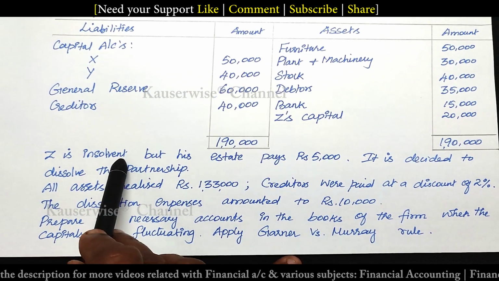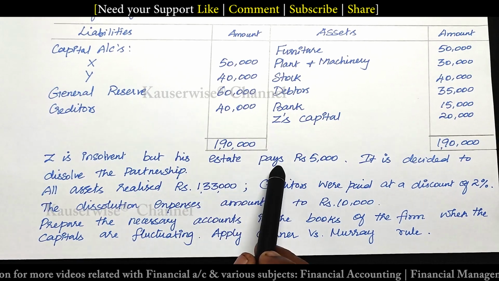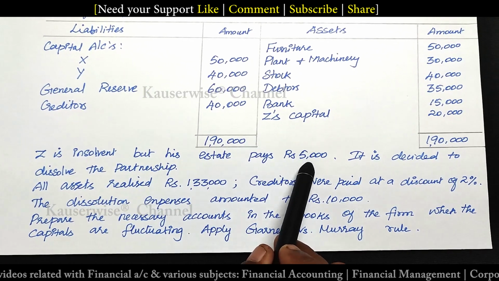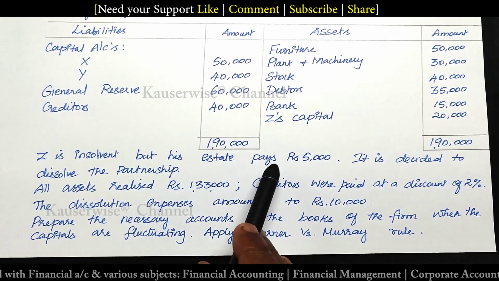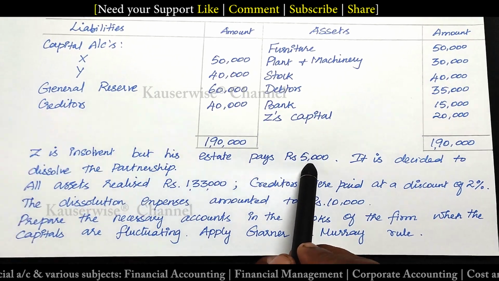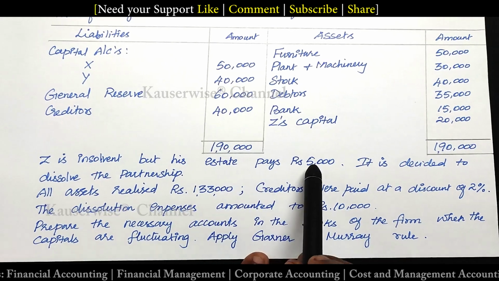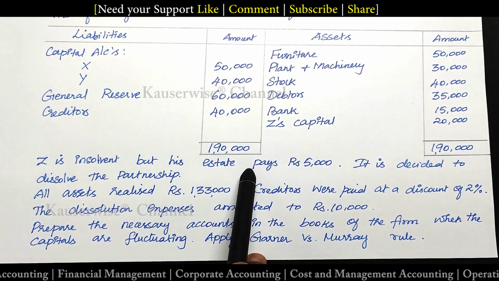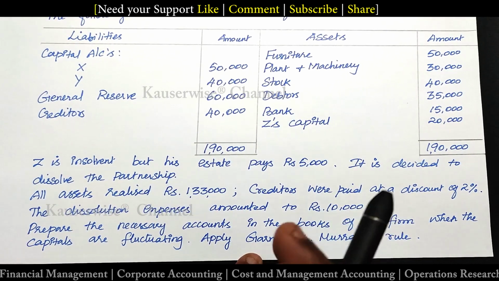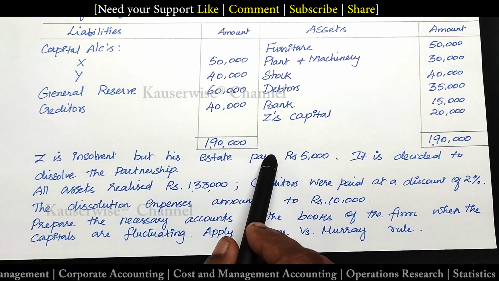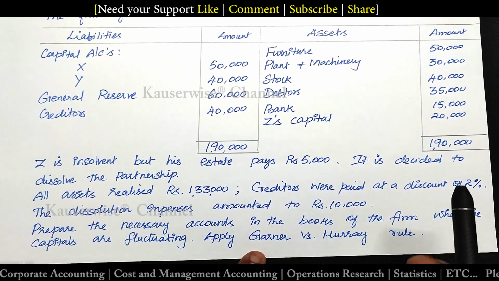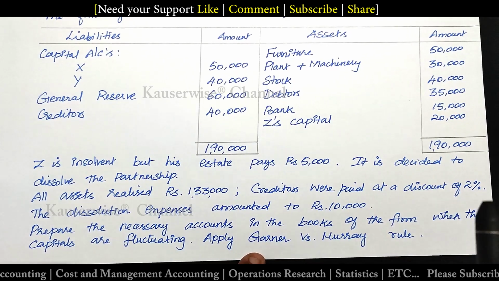Z is insolvent but his estate pays rupees 5,000. So Z is insolvent but he has paid 5,000 rupees. This amount you can credit under the insolvent partner's capital account. If the insolvent partner contributes anything, that will be credited to his capital account. If nothing is contributed towards his deficiency, that's all. You just leave it.